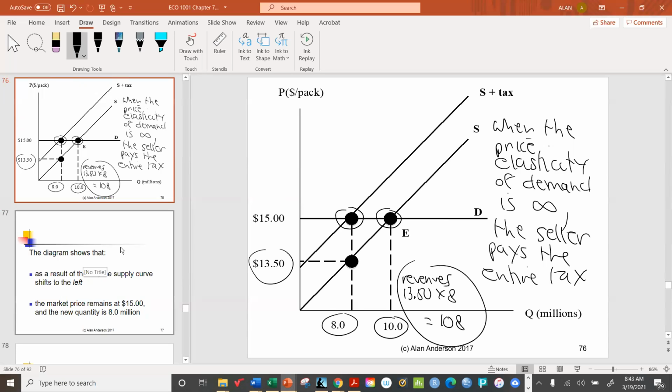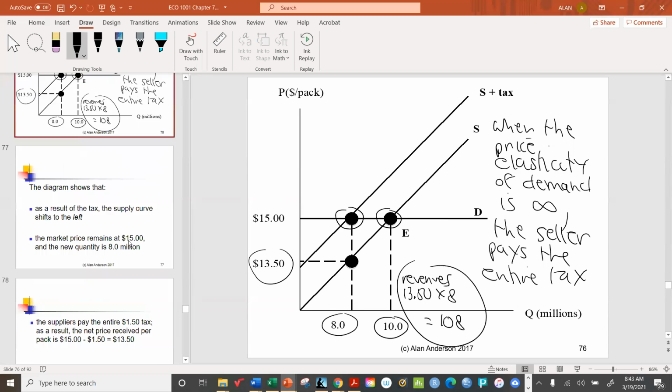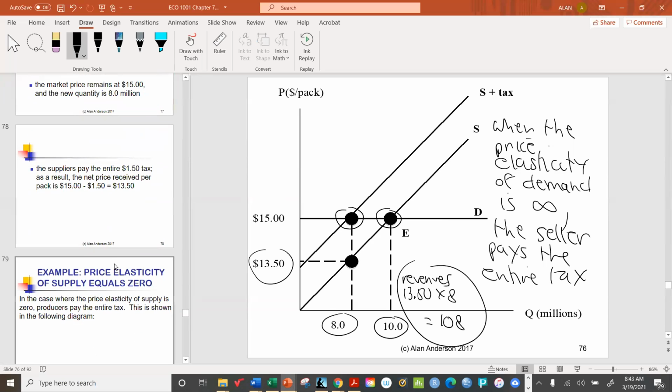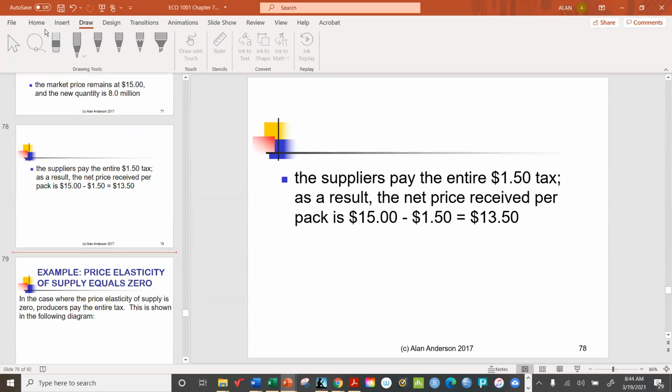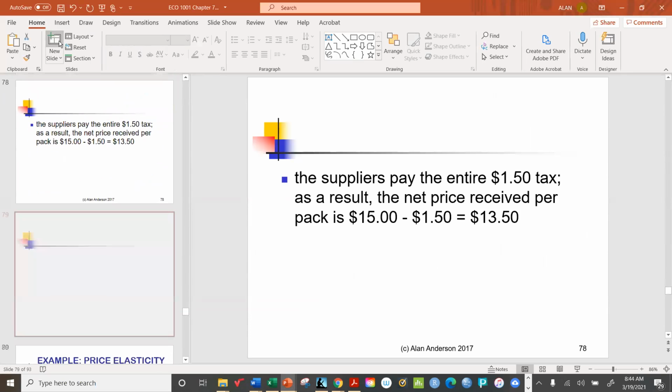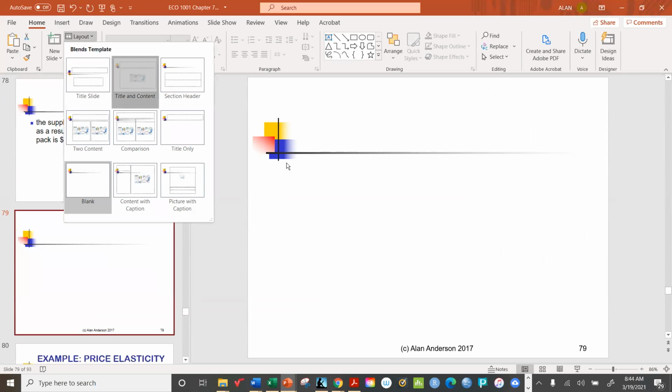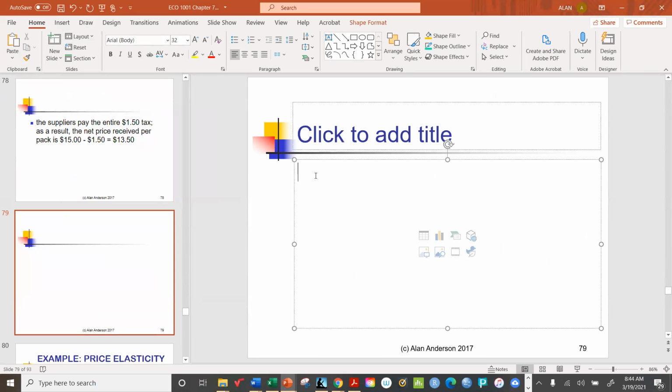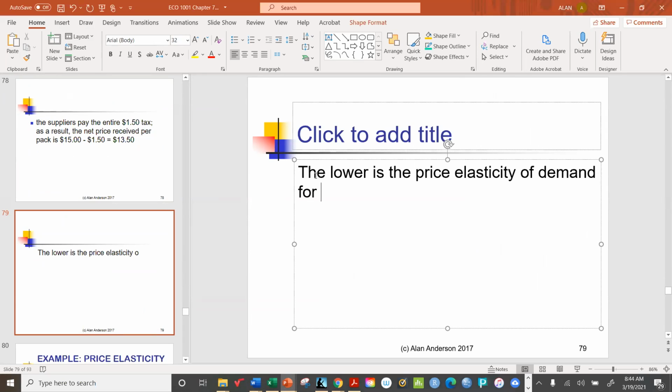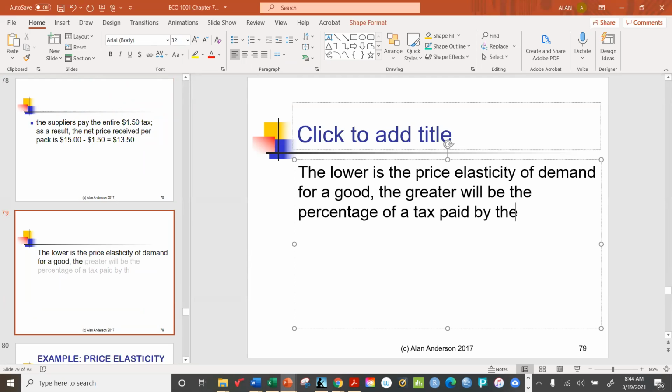Now, in general, obviously, these are two extreme cases. So what that means is that as far as the price elasticity of demand is concerned, the lower is the price elasticity of demand for the good, the greater will be the percentage of a tax paid by the consumer.